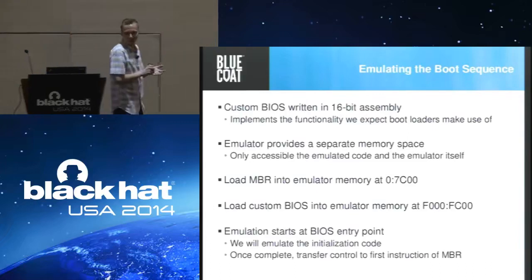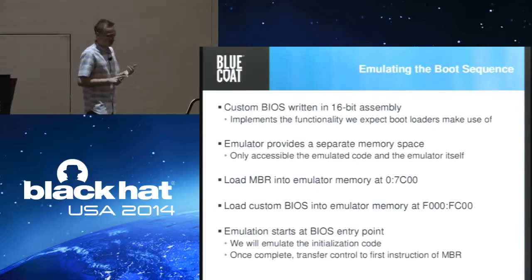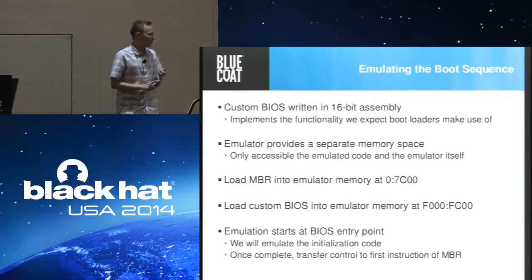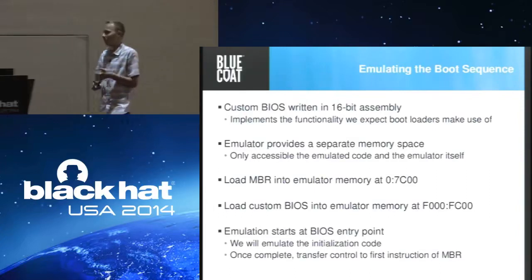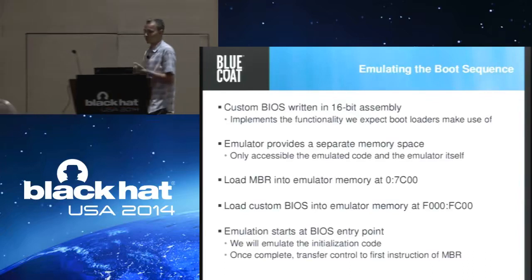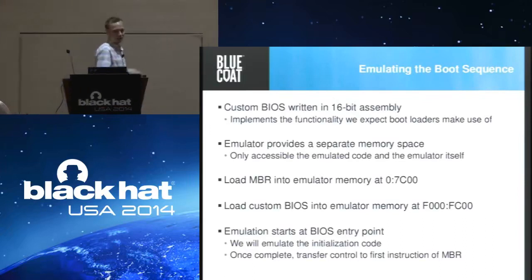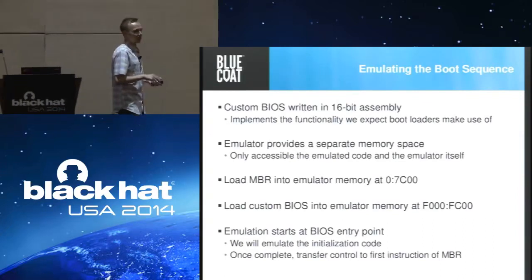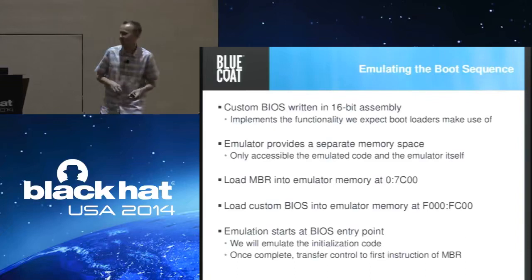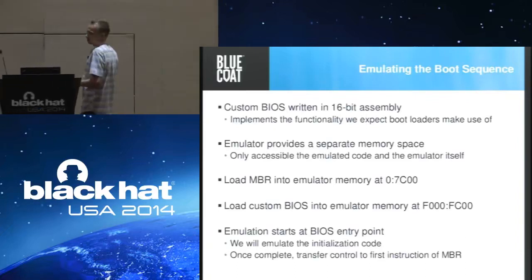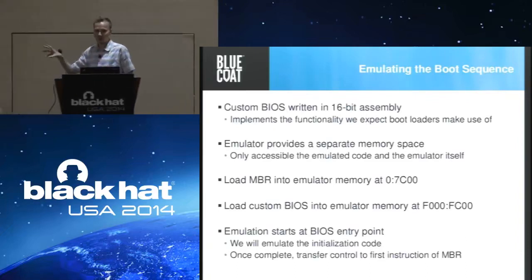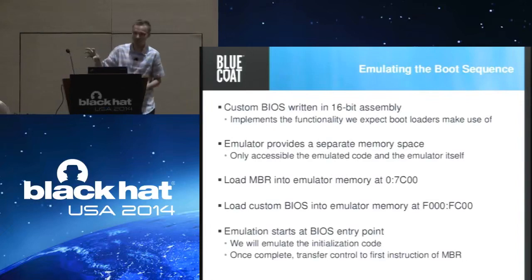Now, I won't talk much about the emulator itself. I'll just say that, of course, it will have its own separate memory space, which is accessible to the boot code we're analyzing, as well as the emulator itself. What we do is start out by reading the MBR, using our anti-rootkit disk IO component, and load the contents of the MBR into emulator memory, where it expects to be loaded, which is 7C00.